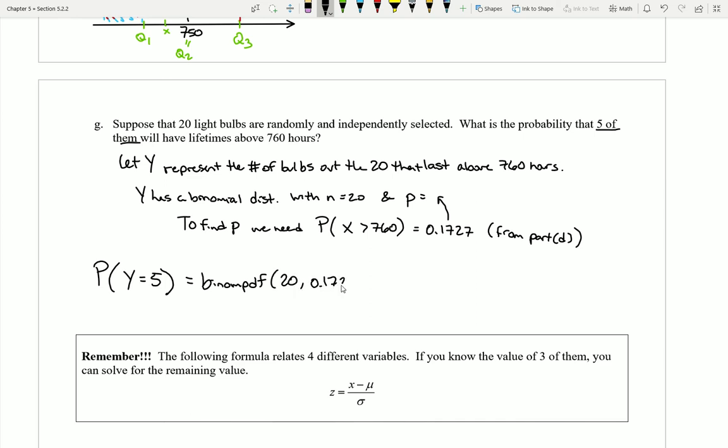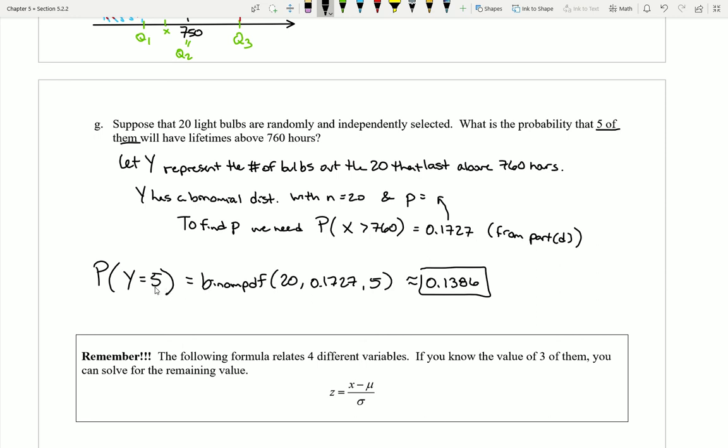There's a 17.27% chance of getting the type of bulb that I want, and I want 5 light bulbs to come out with that property. If I go to my calculator and type all of this in, I get the decimal 0.1386. So this right here would be my final answer to this question.